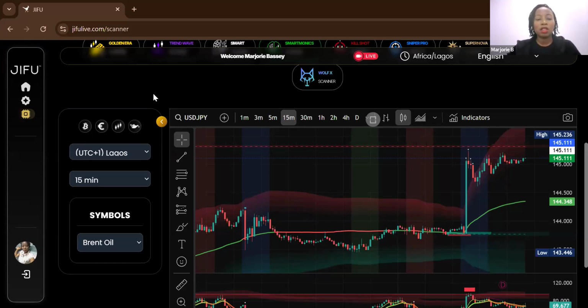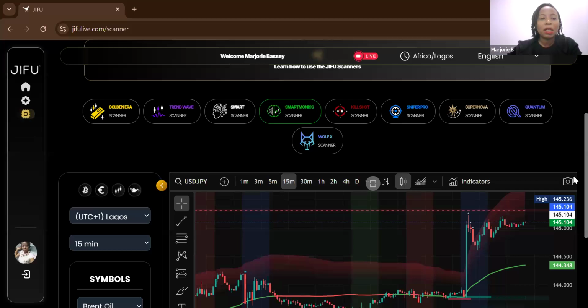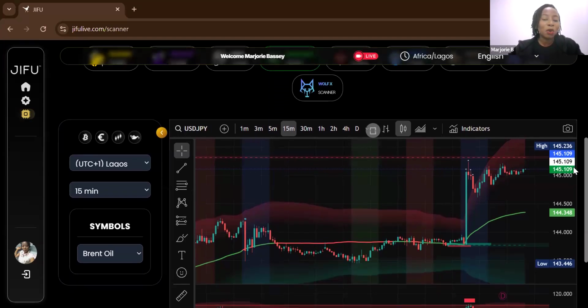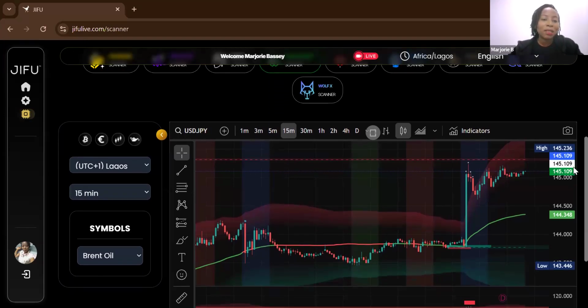And now the default, when you click on Smartmonics, the default time frame you're going to see is a 15 minute time frame. And just a bit of clue, when you open any of the scanners, the default time frame that you see on the left side of this screen is what the developer intended the scanner should be used for.